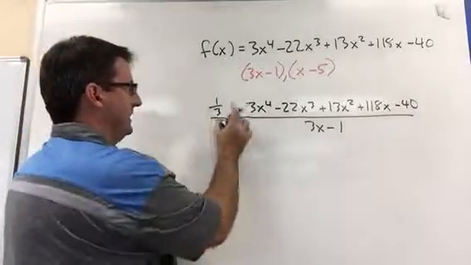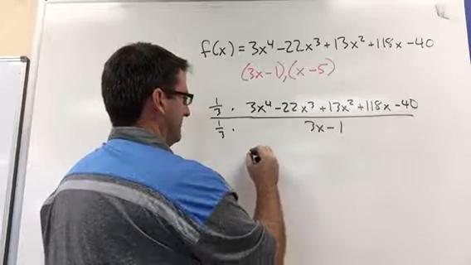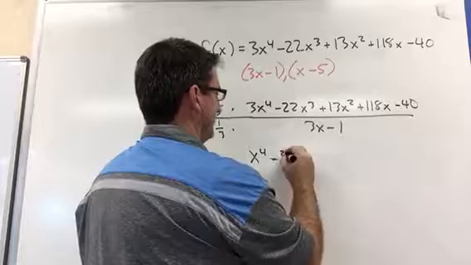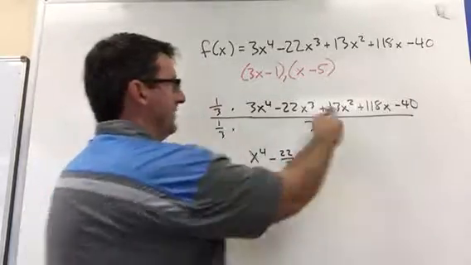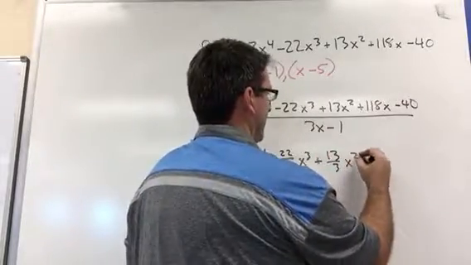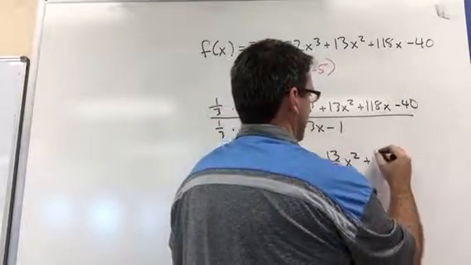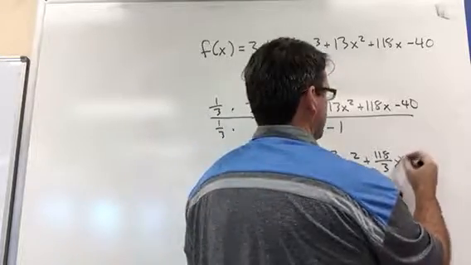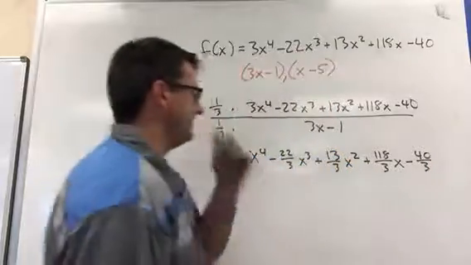So on the top, we're going to end up with 1/3 times 3x to the fourth is going to be just x to the fourth. 1/3 times this is negative 22 over 3 x to the third. 1/3 times 13 is 13/3 x squared. 118 times 1/3 is 118/3 times x, and then minus 40 over 3.